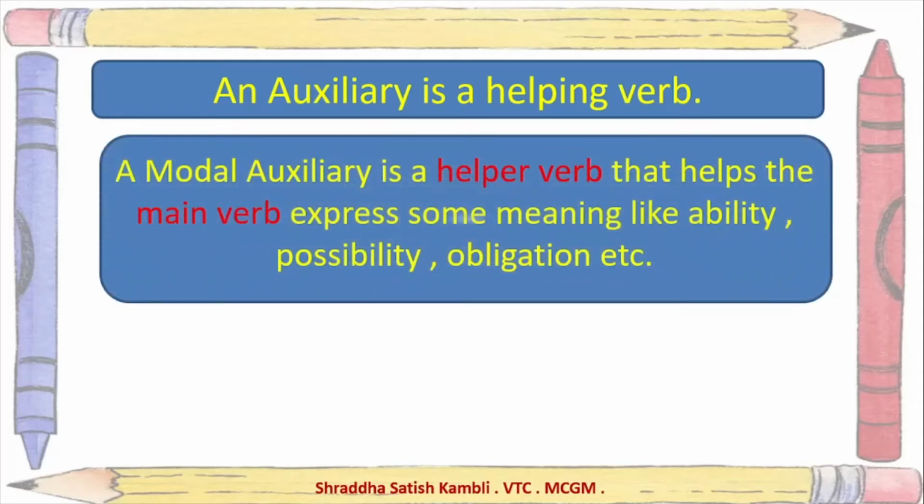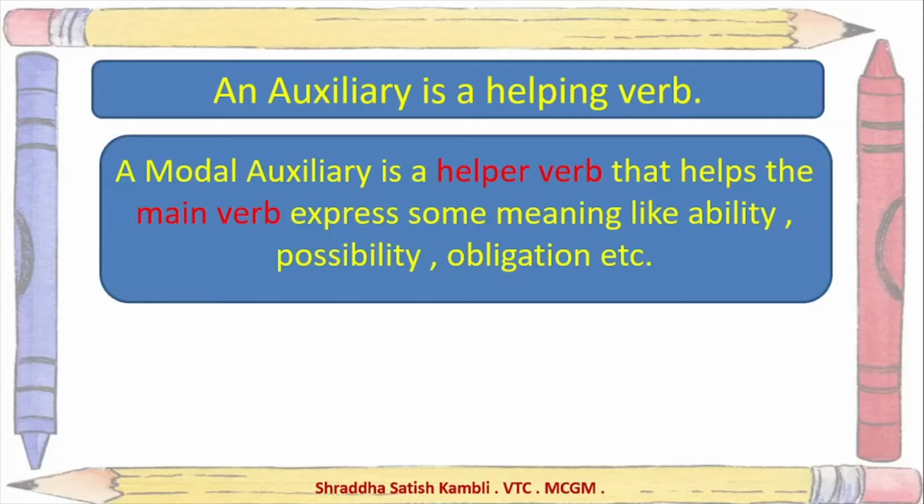So a modal auxiliary is a helper verb that helps the main verb express some meaning like ability, possibility, obligation, etc. So what kind of work does the modal auxiliary have? It of course helps, but what kind of help does it give to our main verb? It helps the main verb to express some meaning like ability. Ability means what? I can do something, that is my ability.